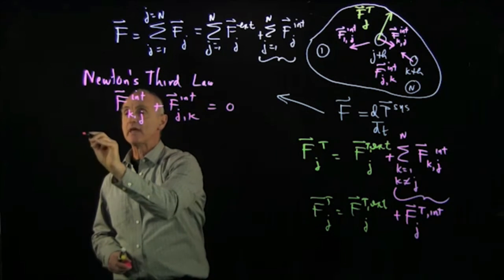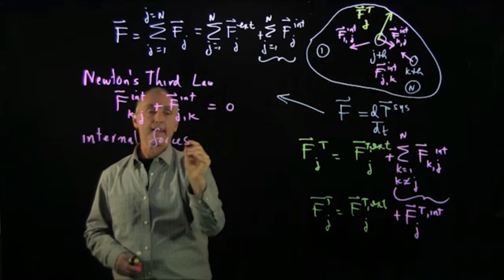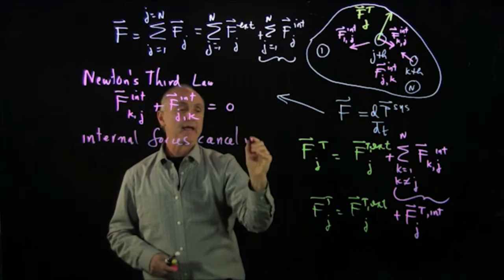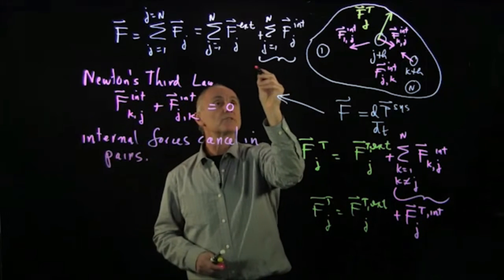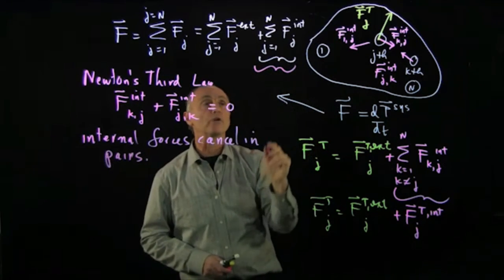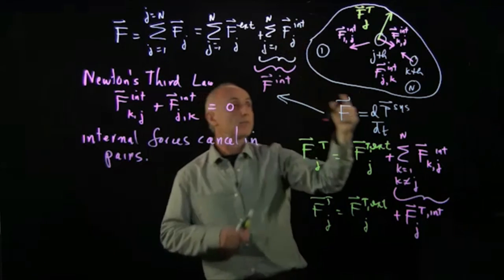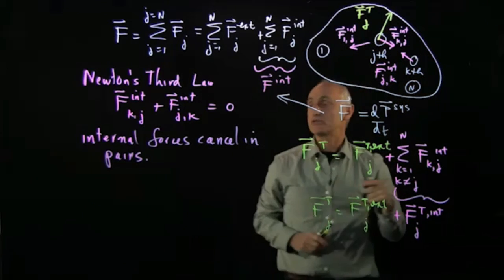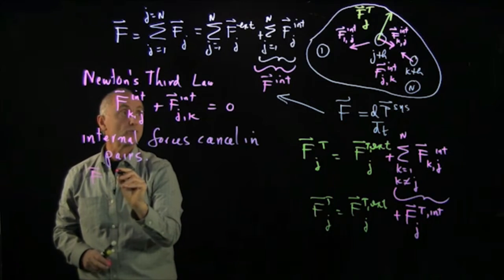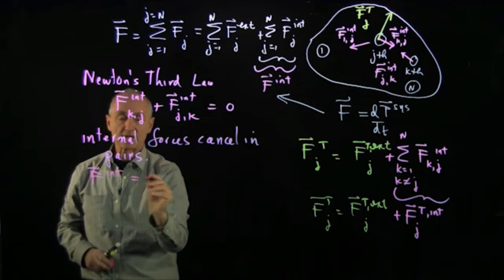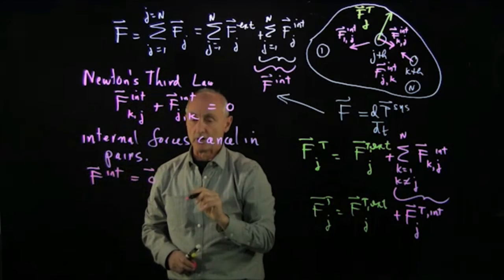So this is a statement that internal forces cancel in pairs. And so when I look at this total internal force, which is the sum of all of these pairs of internal forces, I can see that the total internal force has to be 0. So internal forces cancel in pairs.